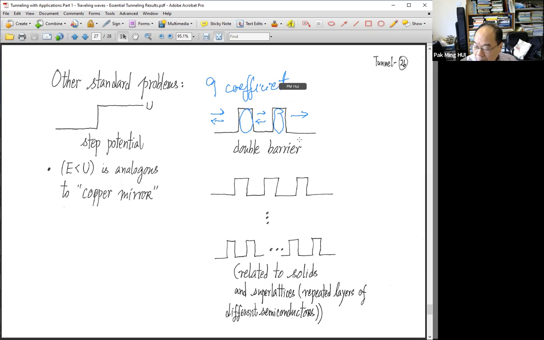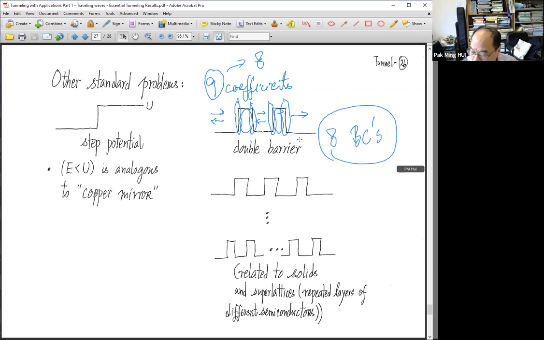But one of them can be taken to divide through, therefore 8 remaining, okay? And now you have 1 interface, 2 interfaces, 3 and 4 interfaces, or 4 boundaries. Each boundary, wave function continuous, slope continuous, 2 conditions. You have 8 conditions to solve for the 8 ratios of the coefficients.